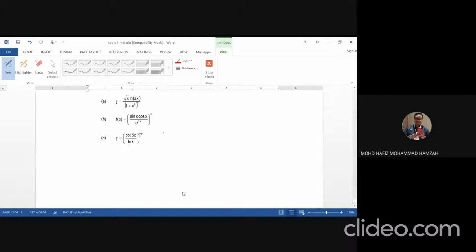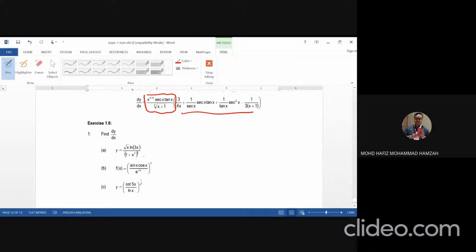Okay, untuk dekat sini kalau tengokkan yang ni lebih kurang. Kalau katalah you nak buat B ni, say you want to try B here. So you put ln both sides. So ln y equal to ln (sin x cos x per e kuasa 2x) to the power of x.